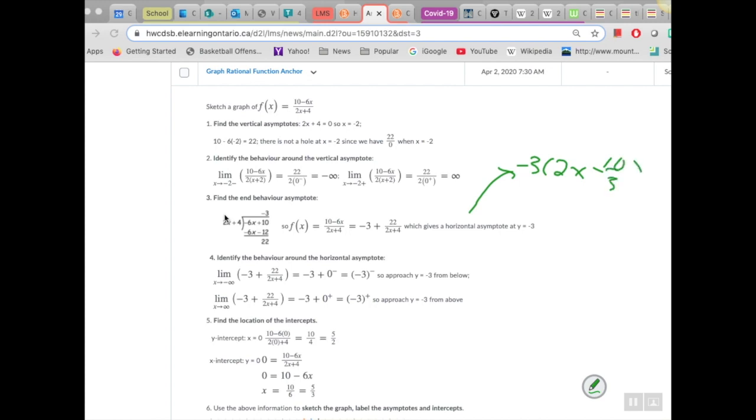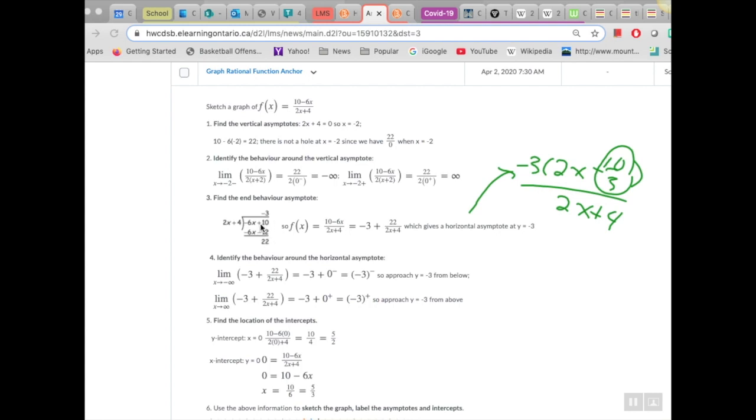That's how I'm going to get my 6x plus 10. And then we have this being divided by 2x plus 4. And then I could try and split this up to get a plus 4. But I think that would be harder here, so maybe it's just better to do our long division.